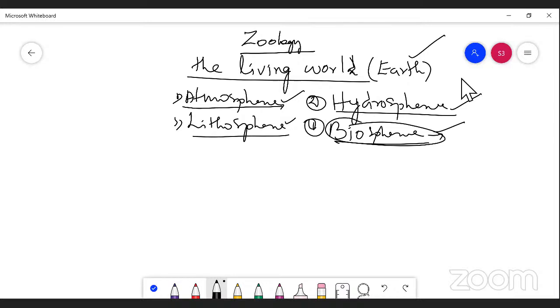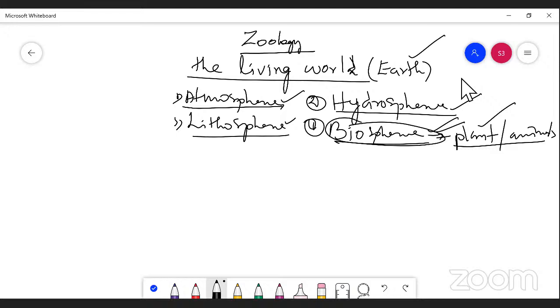In short, this is called the biosphere, which contains plants and animals, including several microbes. So the living world means the living organisms on the earth.